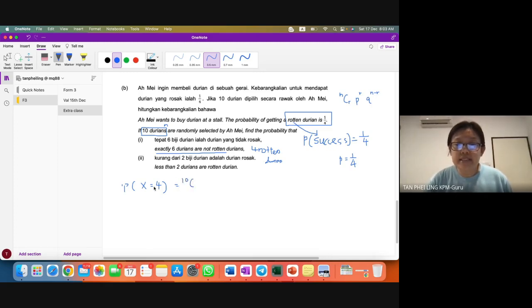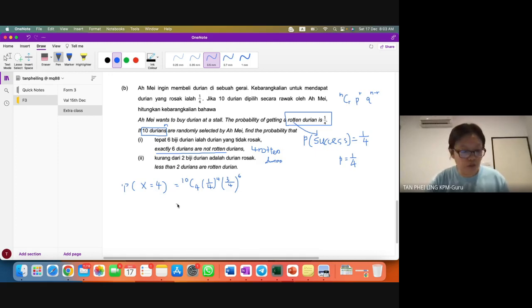And our success here is to look at 4 rotten, so 10C4. And then we have probability of success, which is 1/4, to the power 4. And the complement of it, the q, will be 3/4, to the power n minus r, which will be 6, just straight away 10 minus 4.